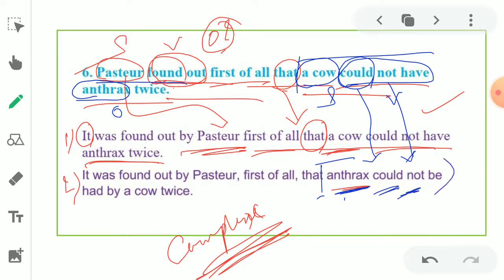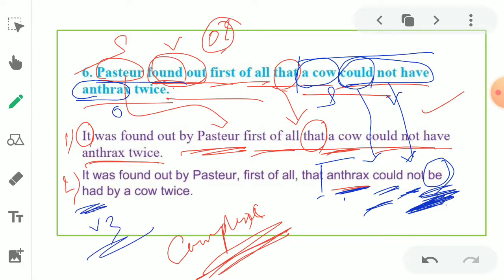After not we have to take be, where the modal auxiliary is followed by be. Modal auxiliaries like can, shall, may, might, would, should. These kinds of helping verbs, which we call modals, at that particular time we have to take be. Along with be we have to add the V3 form.